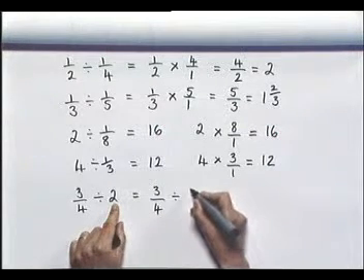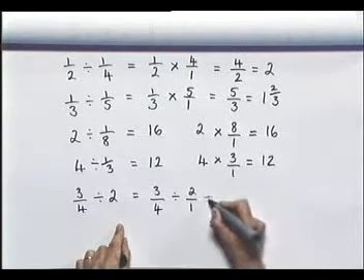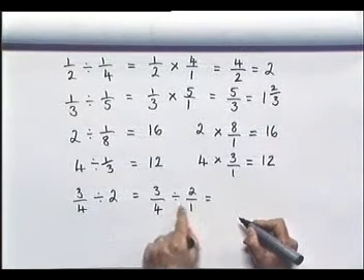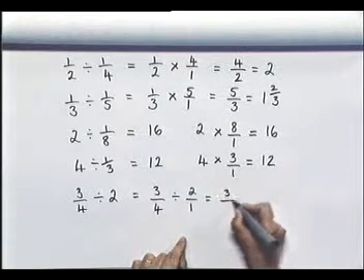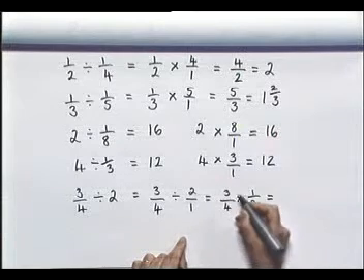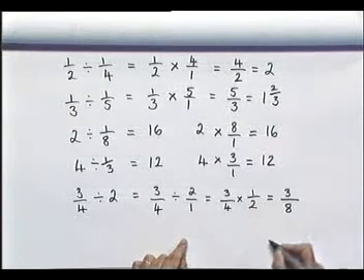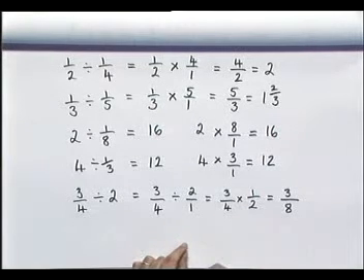We can write the whole one as a fraction, so it's 2/1. To divide, we turn the divisor upside down and we multiply. So we have 3 times 1 is 3, over 2 fours are 8. So we have an answer of 3/8.